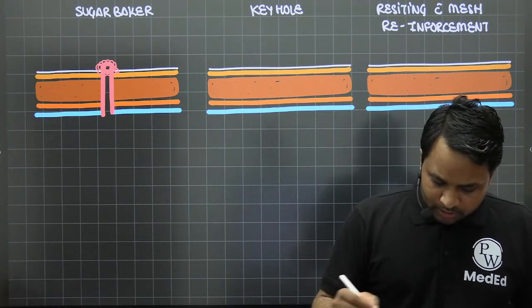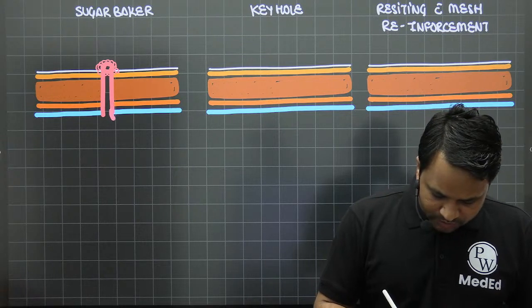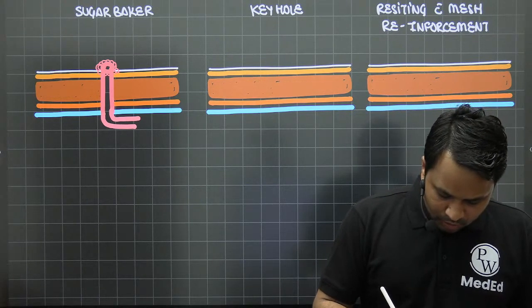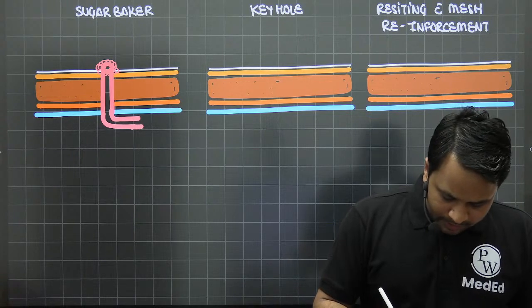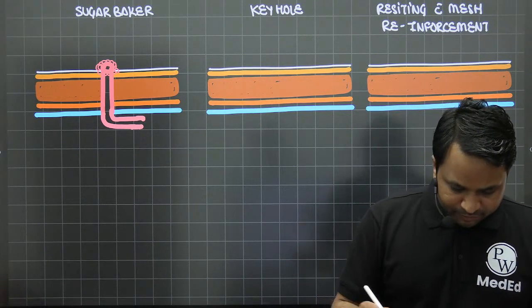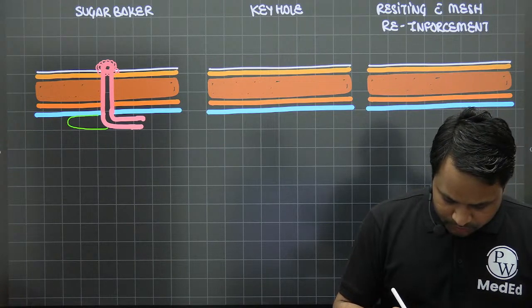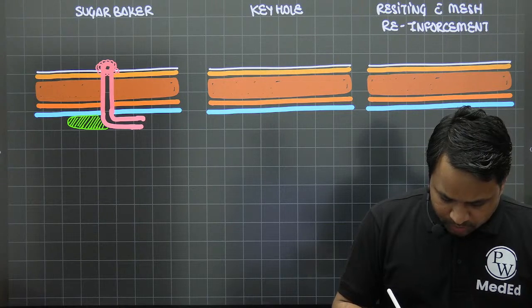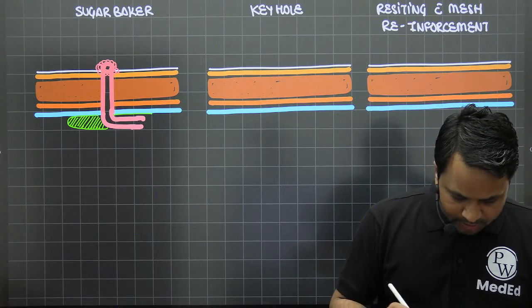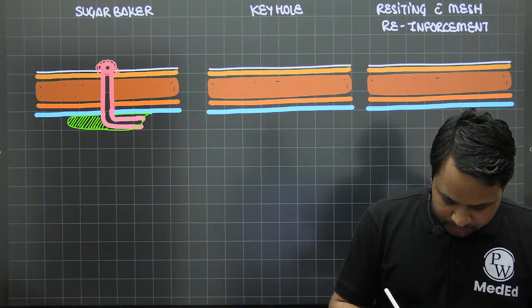So what Sugarbaker does is, it says let's reinforce this. How do we reinforce this? We are going to put a mesh along with it. Here we have placed a mesh. I'm putting a mesh under the peritoneum, going around this, so I am covering this part.